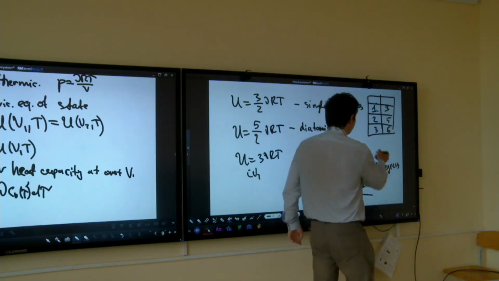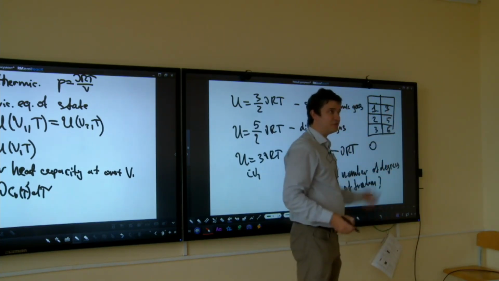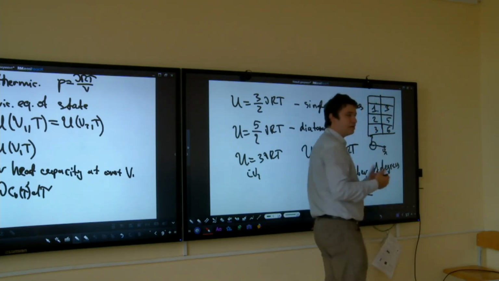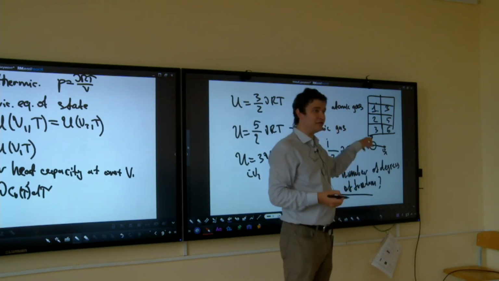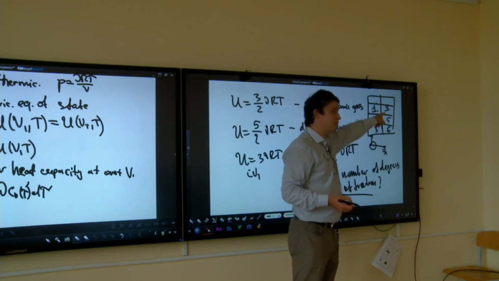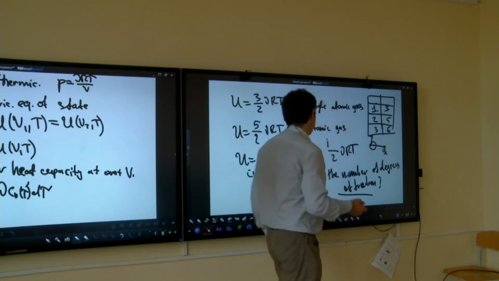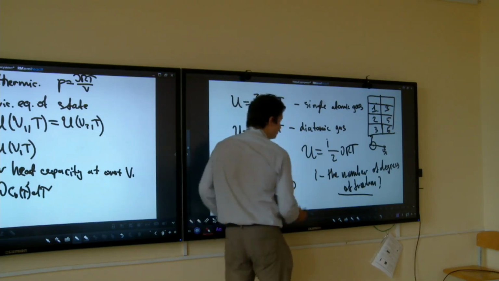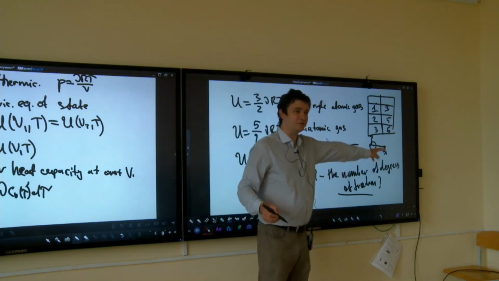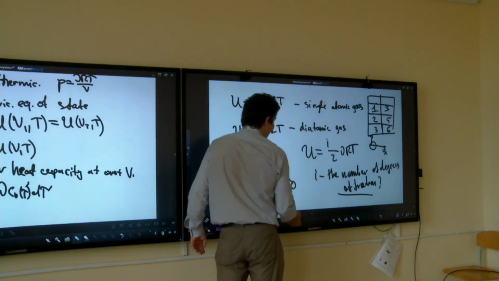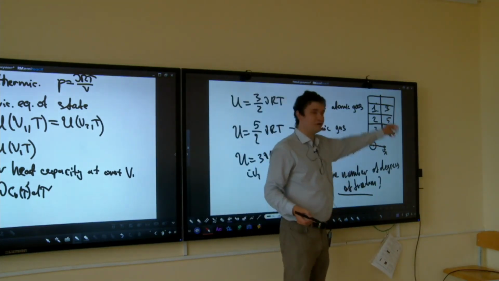For a single atomic gas, you need only 3 components of the velocity, Vx, Vy, and Vz, in order to find the energy of this molecule. When you have a molecule which contains 2 atoms, in addition to these 3 components of velocity, you need to provide 2 angular velocities. So that's why you have 5 degrees of freedom.